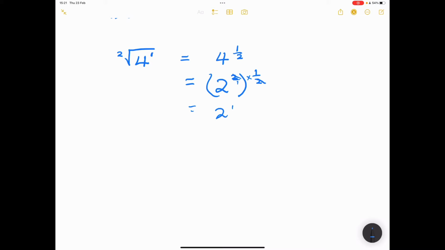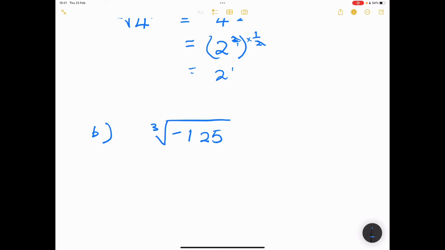Now, I'm going to take another one just before I remind you of the rules. So if we take the cube root of negative 125, just note in this case, we're taking the cube root.